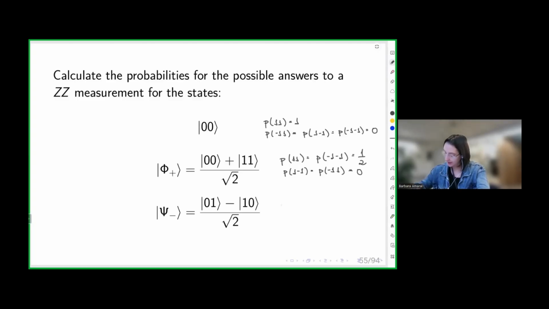And here we have the probability of 1, minus 1 equal to the probability of minus 1, minus 1 equal to 1/2, and the other two equal to 0. Okay? In this case, it's simple because the states are already written in the basis that we are interested in, so we just look at the coefficients. Okay?